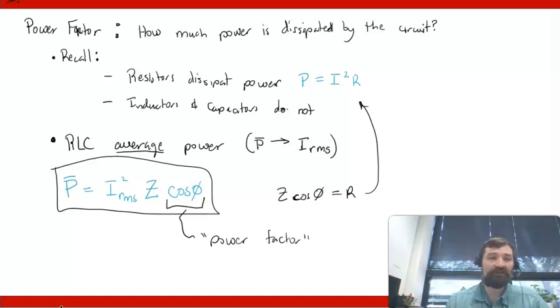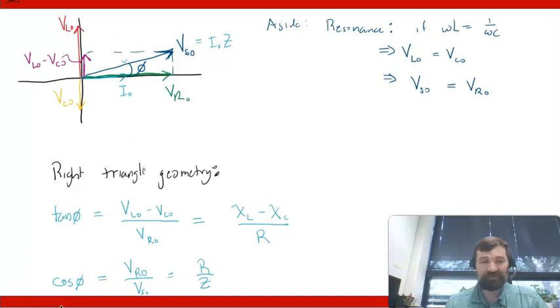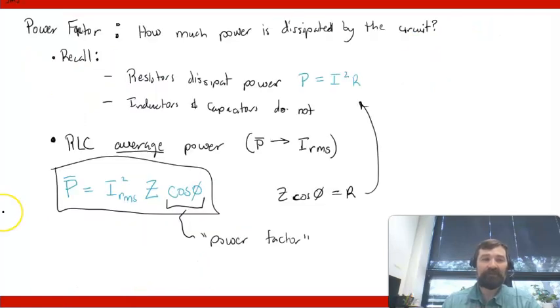That's also why on the previous slide I defined a tangent of phi and a cosine of phi, and I mentioned you could also do the sine of phi, but I didn't work it out. It's just not as interesting as the tangent and the cosine in this phase diagram.